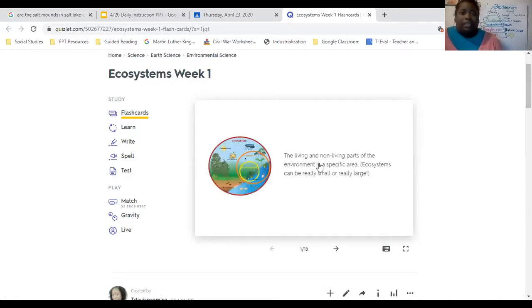So the ecosystem is the living and non-living parts of the environment in a specific area. Ecosystems can be really small or they can be really large. So outside in my backyard, there's some water. And anyone that is familiar with the dirt knows that, well, some parents say don't go outside with your shoes off because there's bacteria in the soil and there's puddles of water outside.